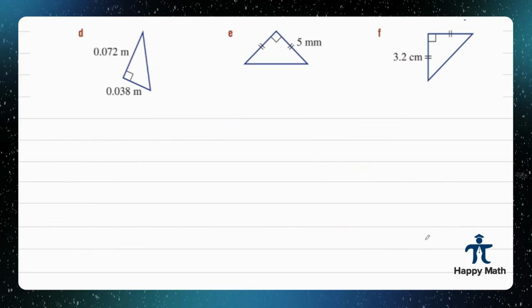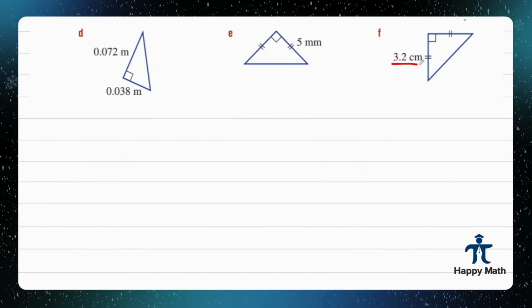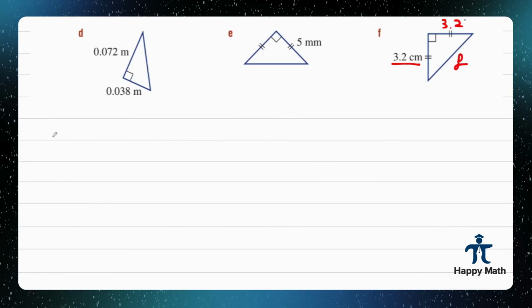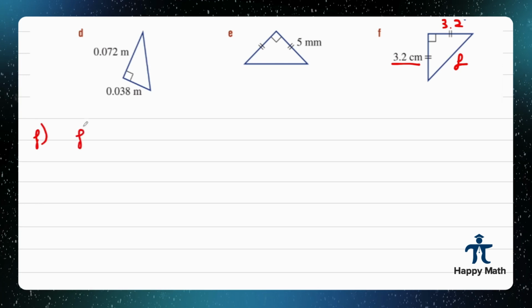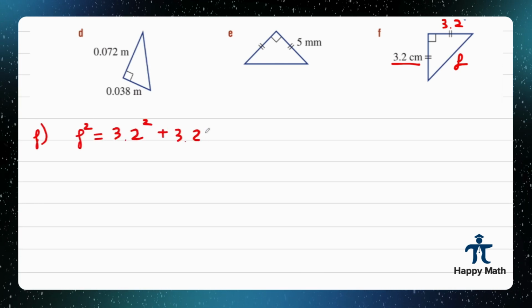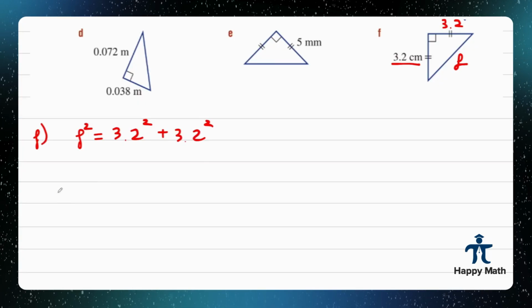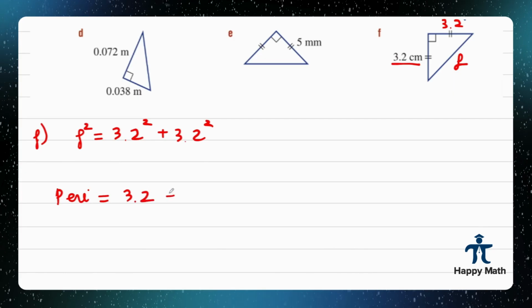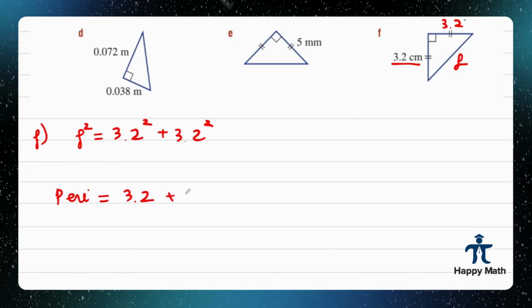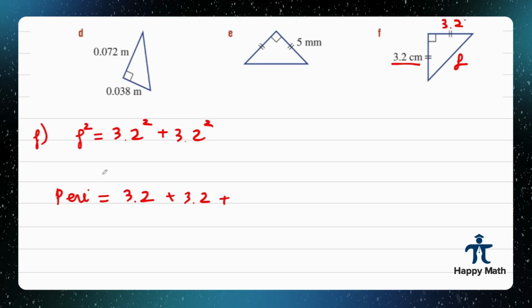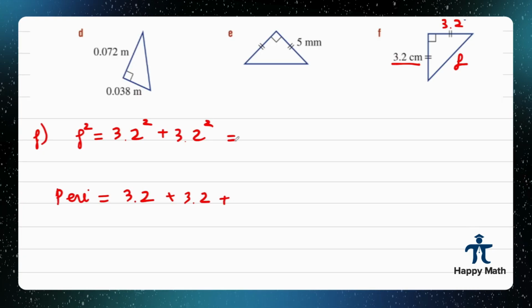And the last question in this video, question F. The same thing, this side and this side are equal, and then you get the number F. F squared is 3.2 squared plus 3.2 squared. And about the perimeter, this will be 3.2 plus 3.2, and then add something here. Now it's time to figure out this something.